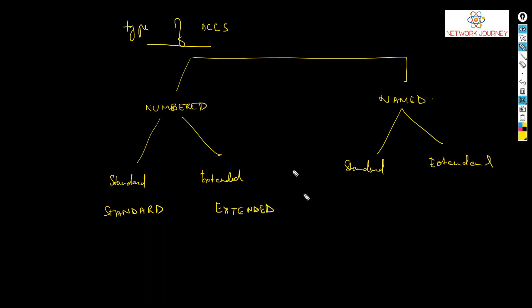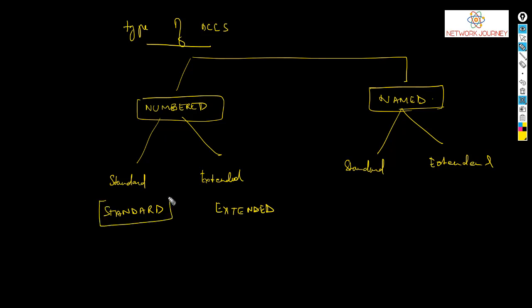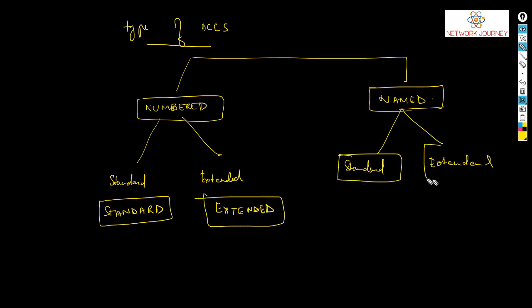So two types of ACLs on the basis of categorization, that is numbered and named. And depending upon the functionality, this is again divided into two. One is called standard and extended, and similarly you have standard and extended.